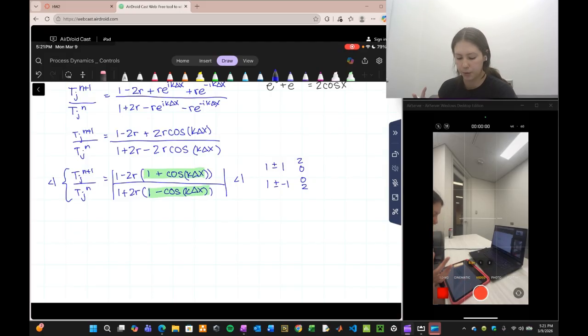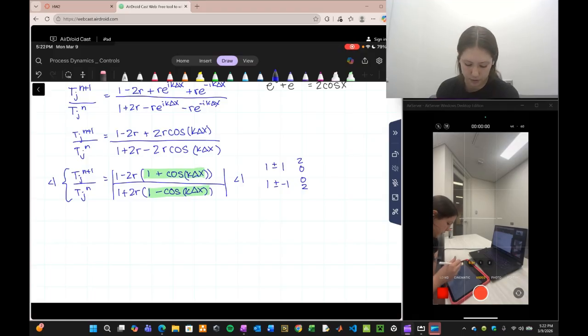So we can see we will always be between the values of 0 and 2. So the term in these parentheses will always be a non-negative number, so it will never be a negative number.